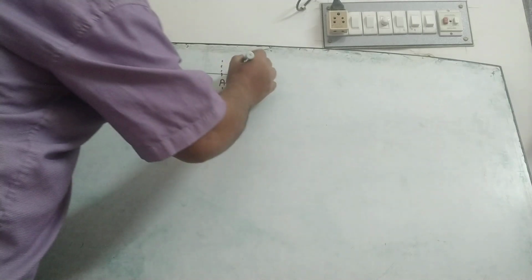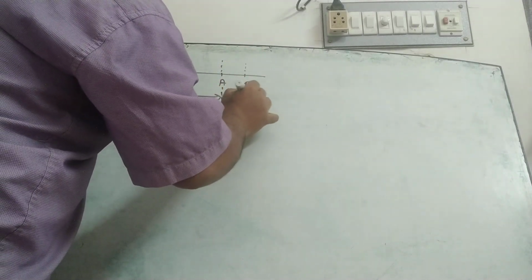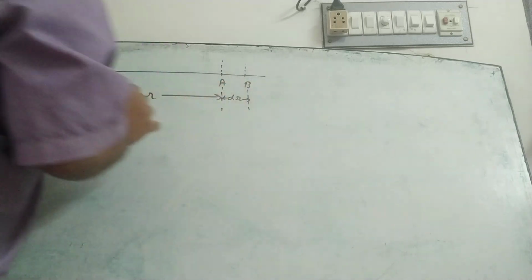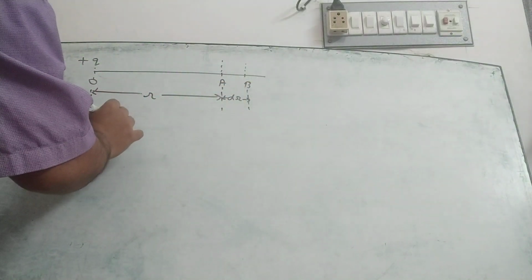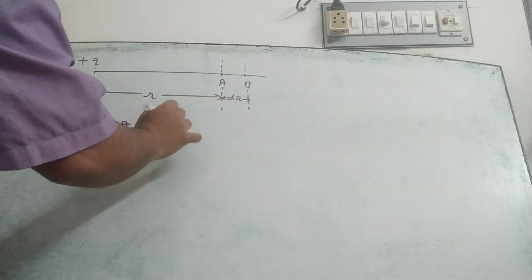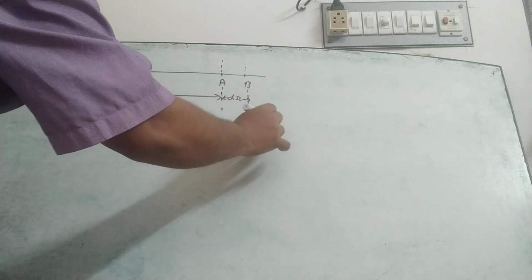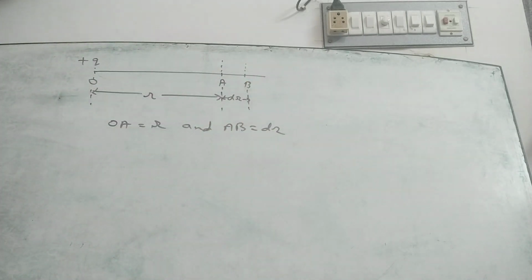OA is equal to r and AB is a small distance dr.